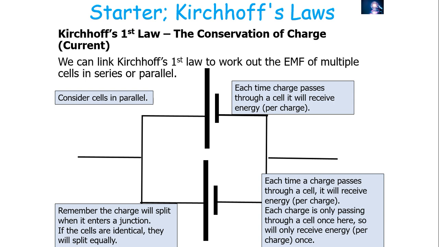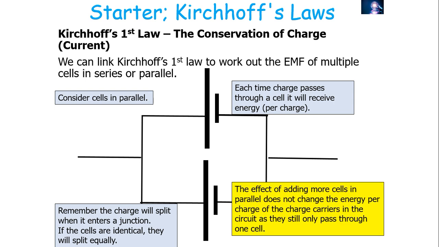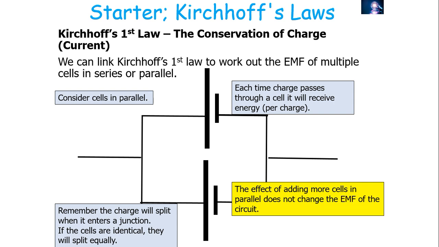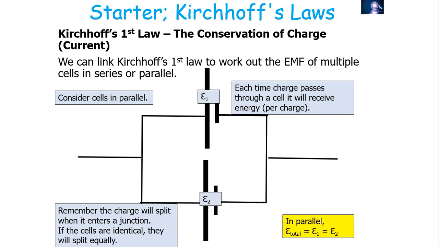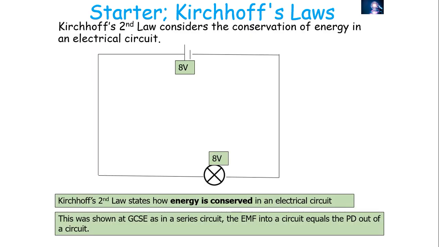So each charge is only passing through a cell once here, so it'll only receive an EMF or energy per charge once. So the effect of adding more cells in parallel doesn't change the energy per charge of the charge carriers in the circuit because it'll still only pass through one cell. So basically, adding more cells in parallel does not change the EMF of a circuit. So in this example, the total EMF is equal to the EMF of one cell, which is equal to the EMF of the second cell. So it's just the same value.